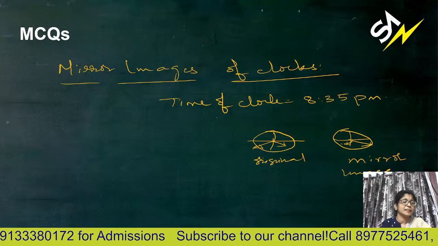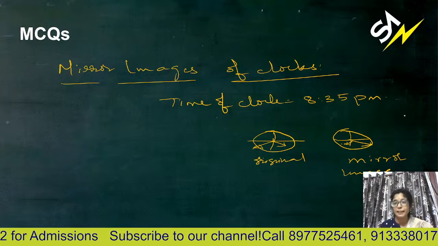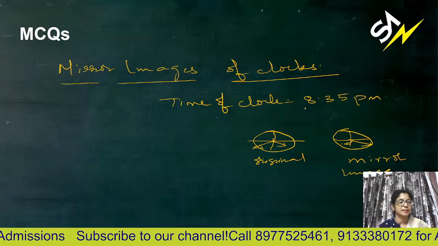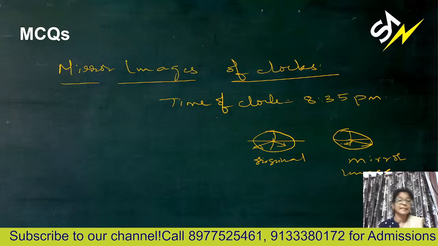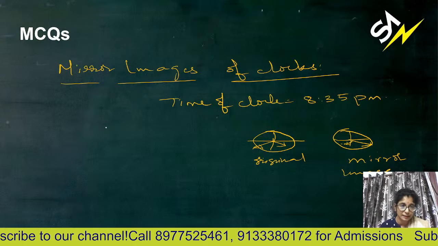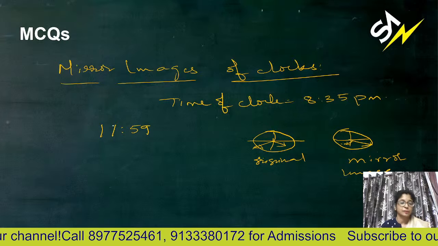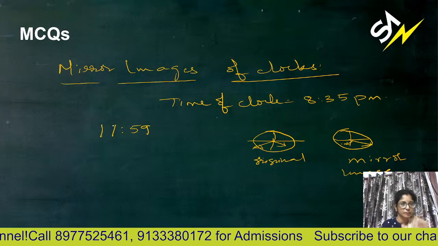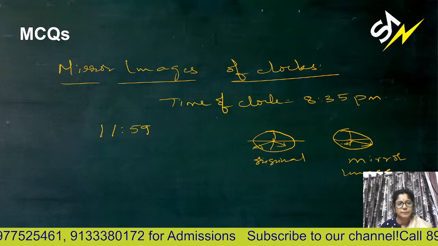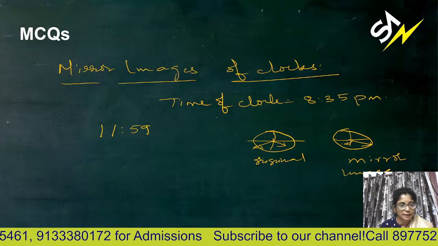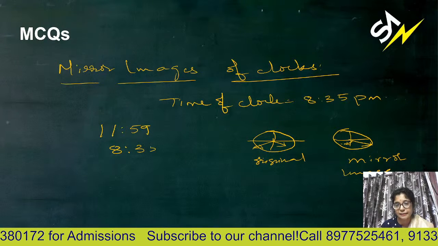So how can you find out the exact time? There is a small tip here. For example, 8:35 is the original time. Then what is the exact time the mirror is showing? For that, you need to take 11:59. Because there are 12 hours in total, you subtract from 11:59 the time shown, which is 8:35.